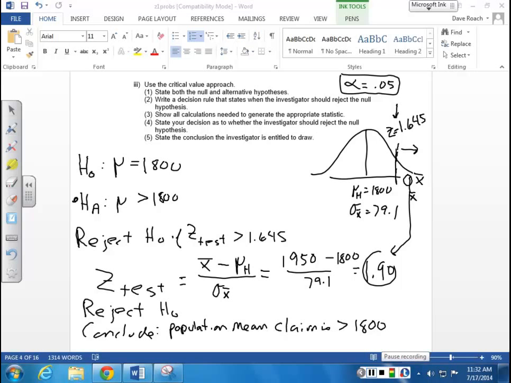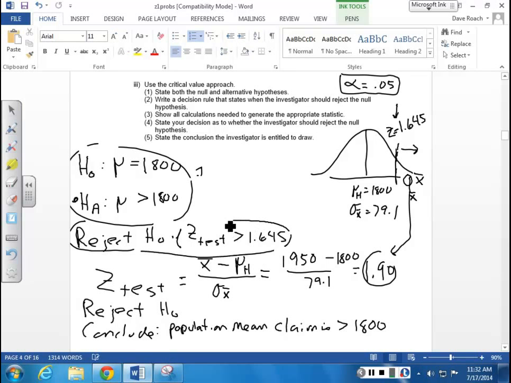Let me go back and say, given this problem that I have here, stating the hypotheses is number one: state the null and alternative hypotheses, write a decision rule. This is the decision rule: reject H0 if the z-test is greater than 1.645. So that's part two. Show all calculations needed to generate the appropriate test statistic.